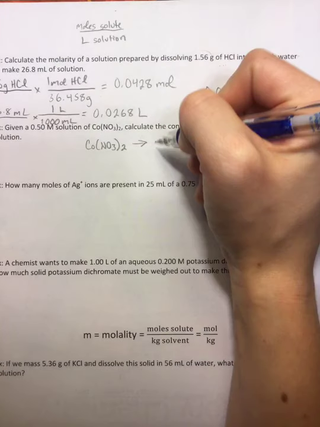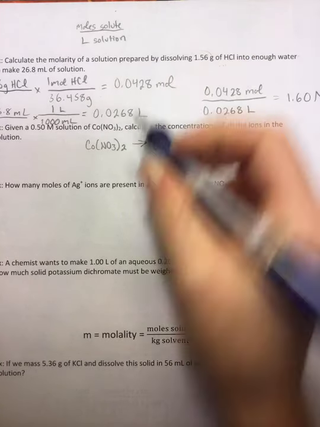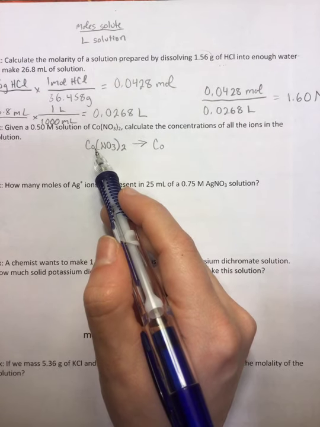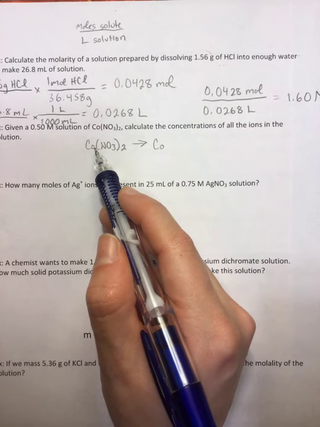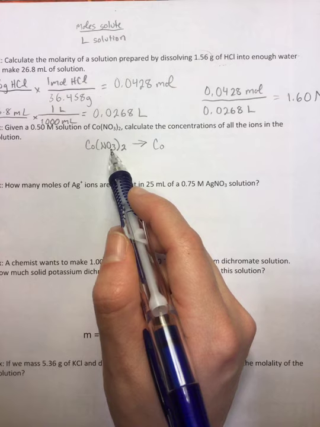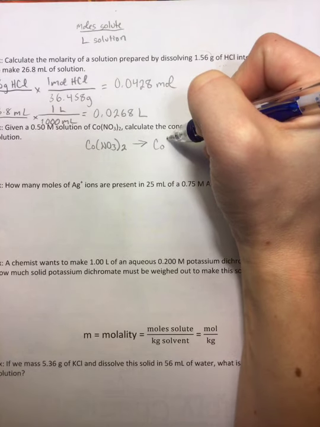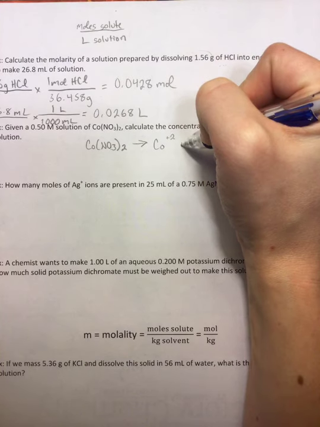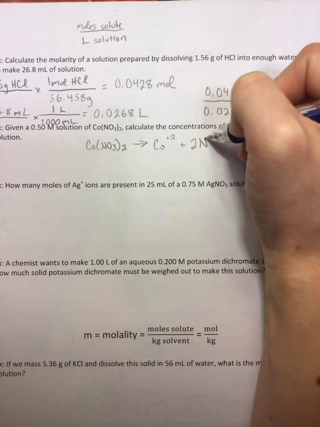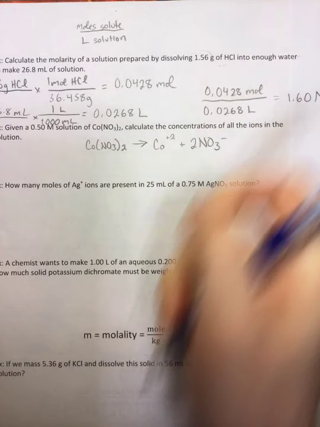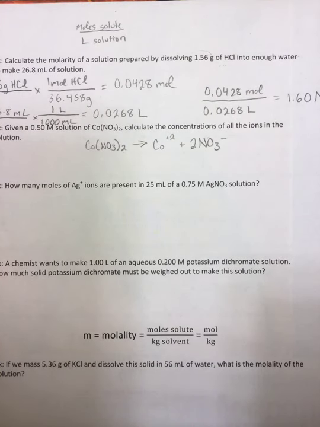It'll split into a cobalt ion, and you've got to think to yourself, what's the charge on that cobalt ion going to be? Well, nitrates each have a -1 charge, and there are two of them, so this must be cobalt plus 2. And then I'm going to have two nitrate ions, NO3 minuses. Okay, so let's just assume, hypothetically, that I have 1 liter of solution, right?